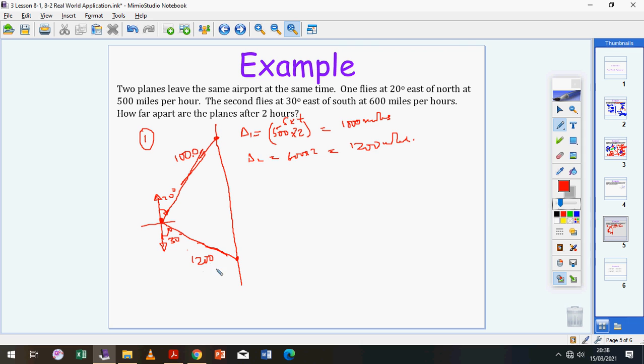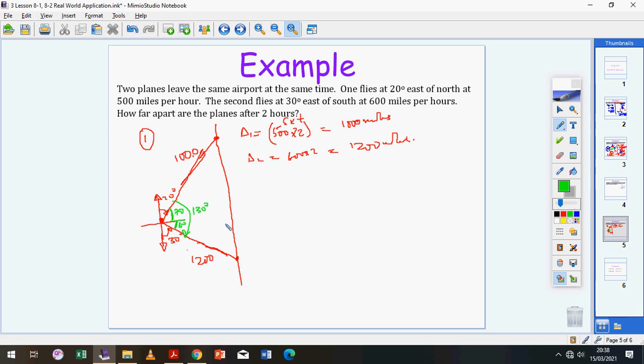I can figure out this angle, the angle in between them, right? If this is 30, that means, so I'm basically getting 180 minus 50, which will be 130 degrees. Again, just explaining it better, if the top is 20, then in here I have 70, and if the bottom is 30, then in there I have 60, and 60 plus 70 is 130.